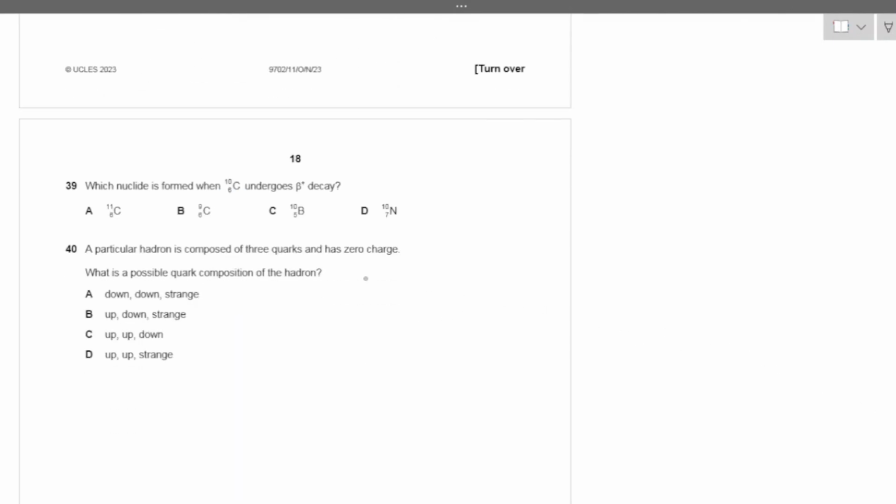So question 39. Which nuclide is formed when carbon-10 (atomic number 6) undergoes beta plus decay, or positron decay? Let's form our equation first of all. Carbon 10, 6 undergoes beta decay, and we have some X over here. We only need to concern ourselves with the numbers first.